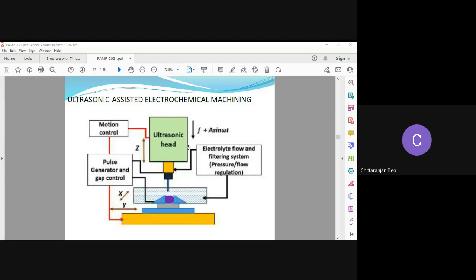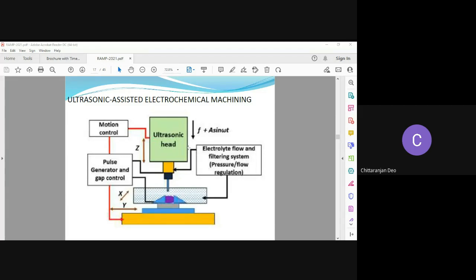Besides the process parameters like current density, voltage, pulse parameter, and electrolyte concentration involved in ECM, the amplitude of ultrasonic vibration plays an important role. The low amplitude does not give additional benefit compared to general ECM, but too high amplitude affects the machining precision, especially when machining micro-dimensional features.